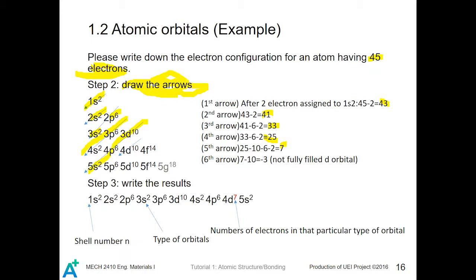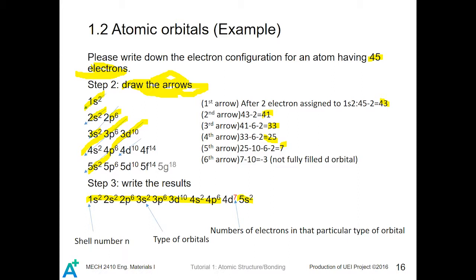Notice that there are only 7 electrons left. These orbitals can contain 10, but still only 7 electrons can be assigned to them. Then we just write down the final results. For the other results here, we can just copy them from the array.